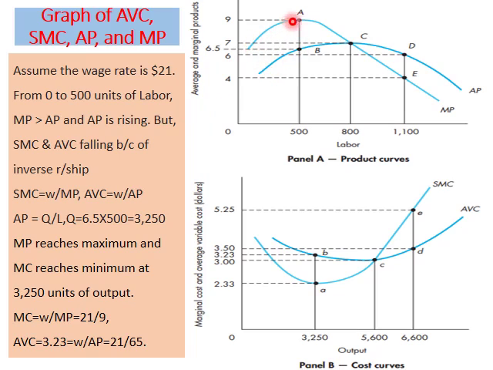The same is true for the marginal product, it is also rising, but short-term marginal cost and average variable cost fall because of the inverse relationship. When the marginal product increases, the marginal cost decreases, and when the average product increases, the average cost decreases. So this is all about these two graphs.